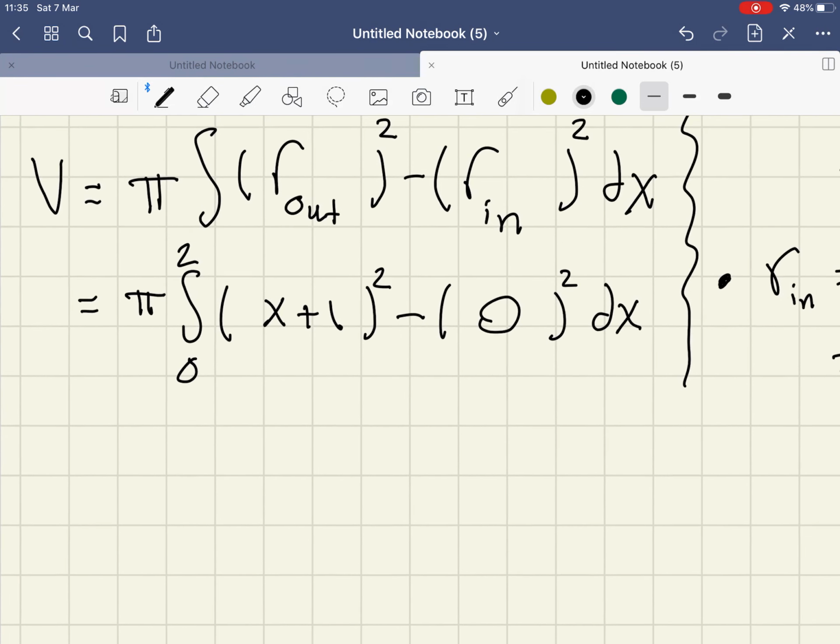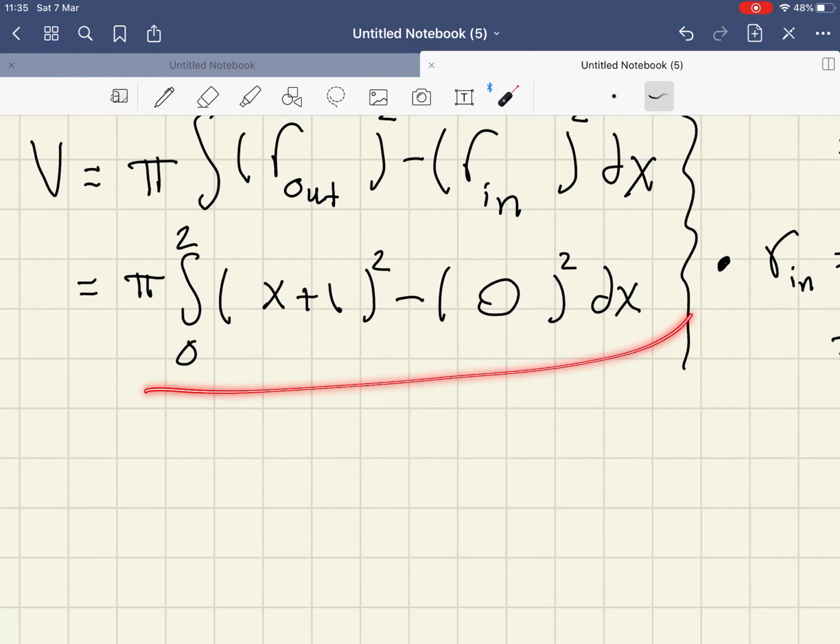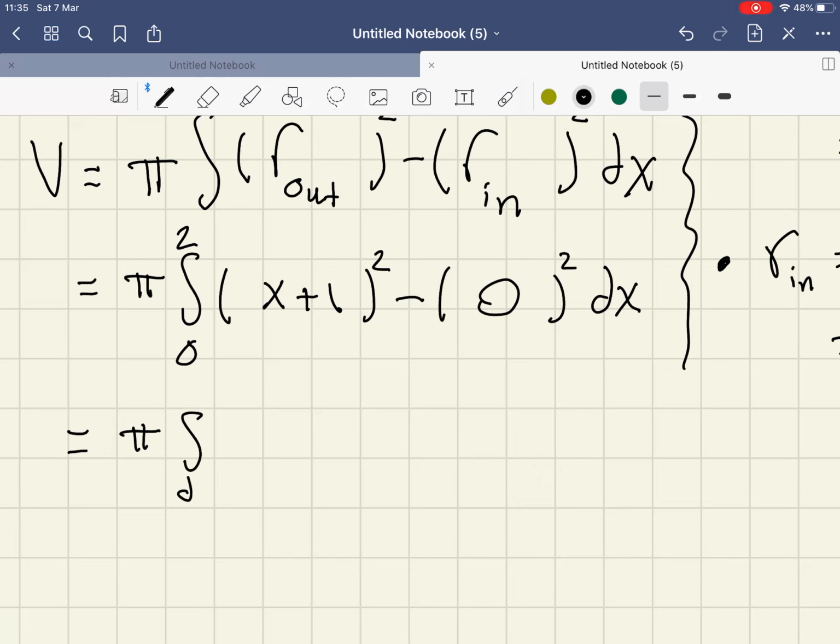Again, this is kind of a basic math 101 integral. We can solve it just because this is the first example. So this will be pi integral from 0 to 2. If we expand this one, it will be the first squared plus 2 times first times second, 2x plus 1. 0 squared will just be gone, dx.